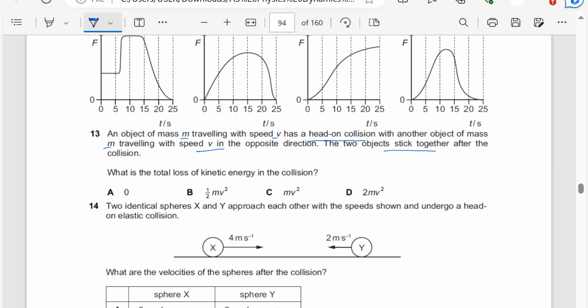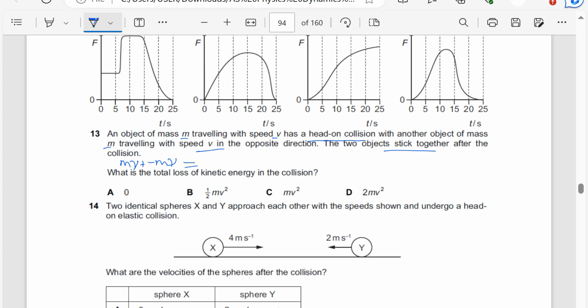Let's use conservation of momentum to find the final velocity. Initially, total momentum is m times speed v for the first one. It has a head-on collision with another object of mass m moving in the opposite direction, so total momentum will be plus negative m times v. This should be equal to total momentum after collision.